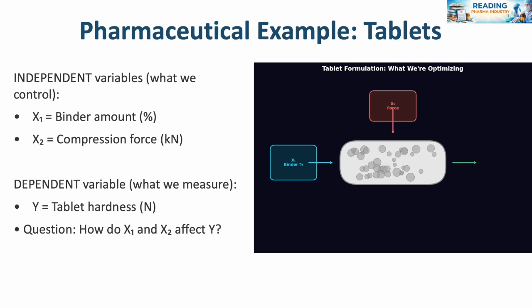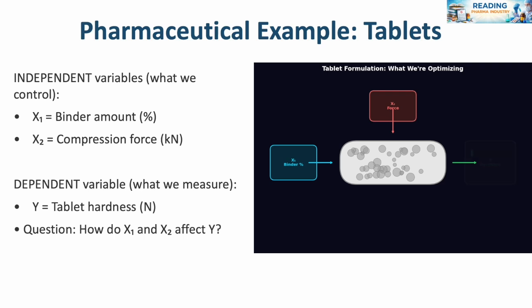In this scenario, we have one dependent variable, which is the hardness of the tablets, and this is Y, measured in newtons. This is what we measure. After we make the tablet, we test how hard the tablet is. The hardness depends on our choice of binder and force.